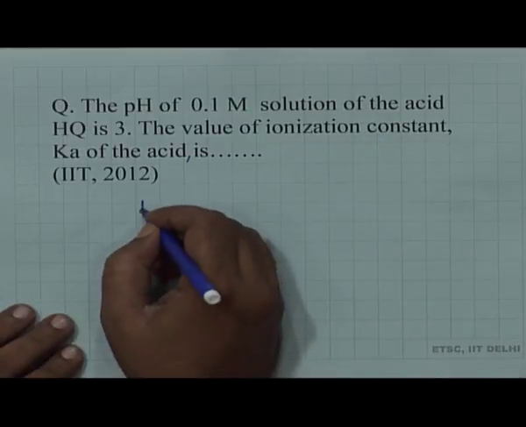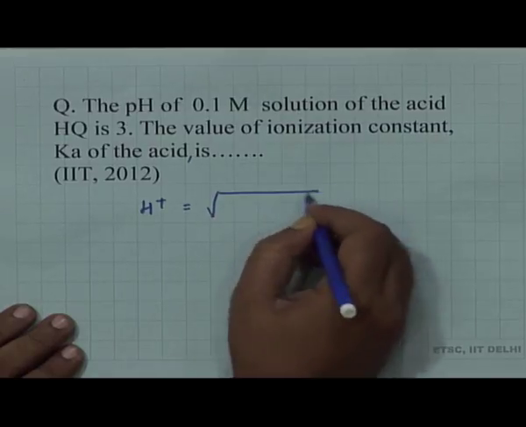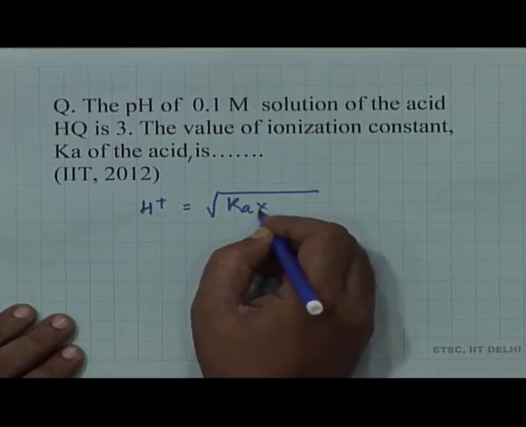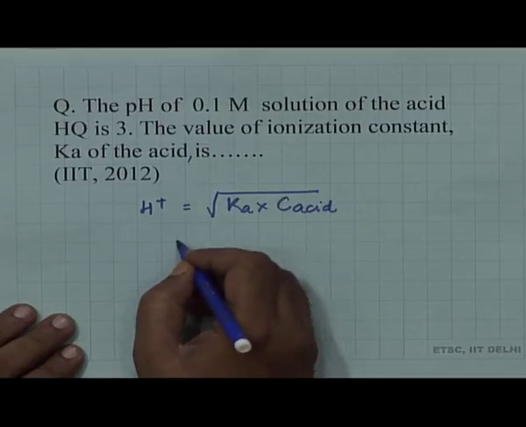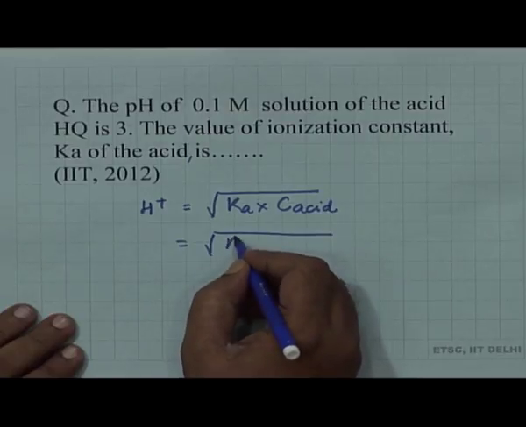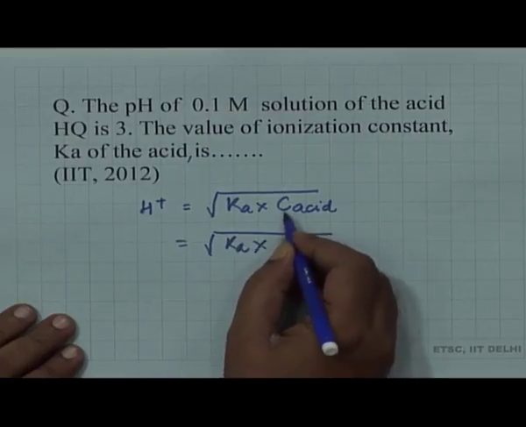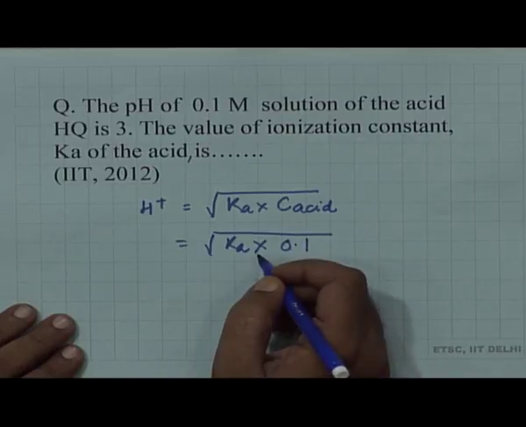We know that H plus ion, for weak acid, is equal to square root of Ka into C of acid, and you need to calculate Ka, and C acid is 0.1. Okay.